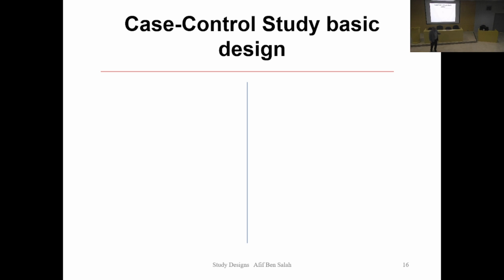What else can we calculate from these incidences? The risk difference, which is incidence among exposed minus incidence among non-exposed. What is the meaning of this difference? What does it measure exactly?